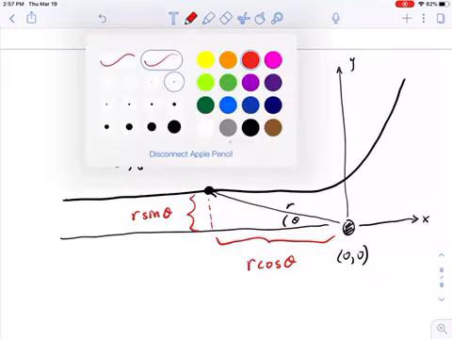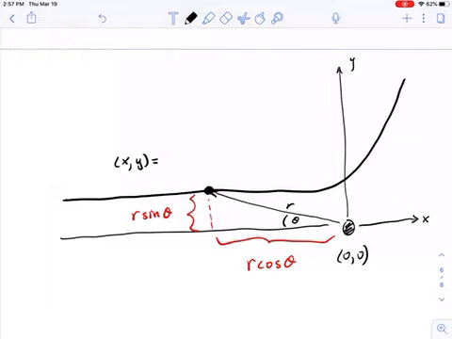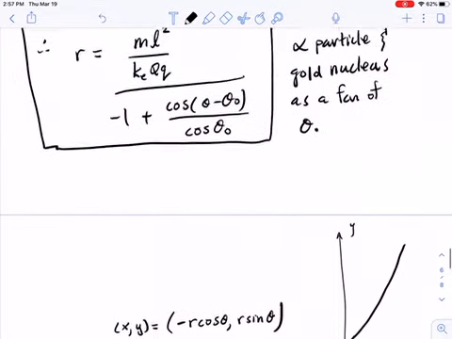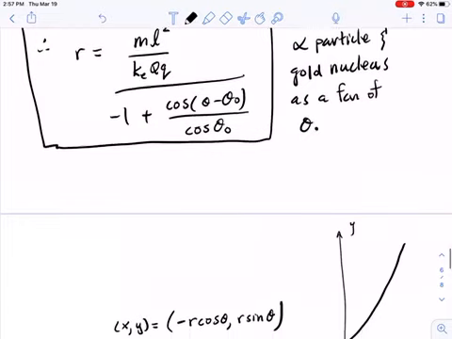At the position that I've drawn, the alpha particle is at a negative x position, so its x position is minus r cos theta, and its y position is r sine theta. But we just calculated r as a function of theta.